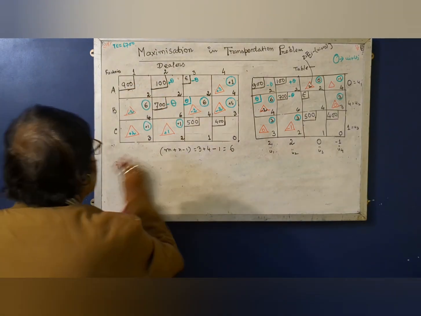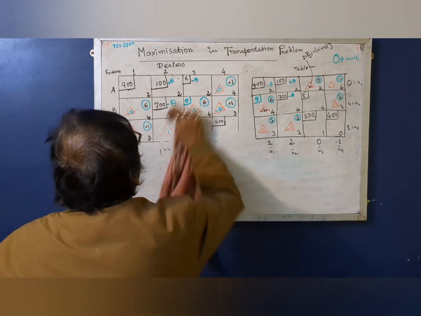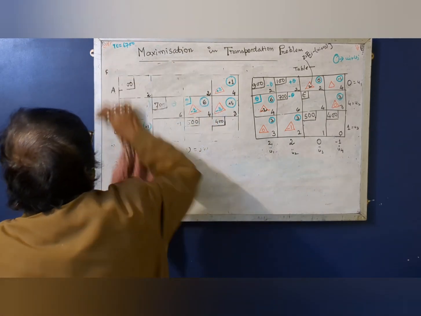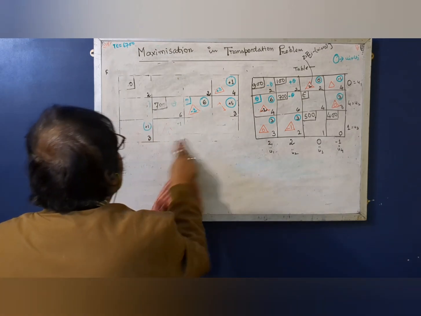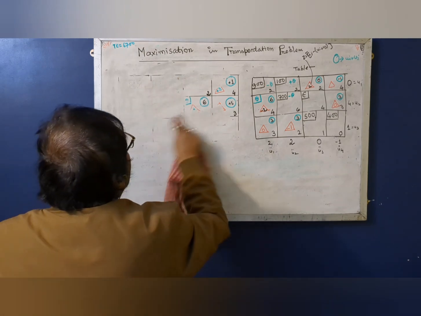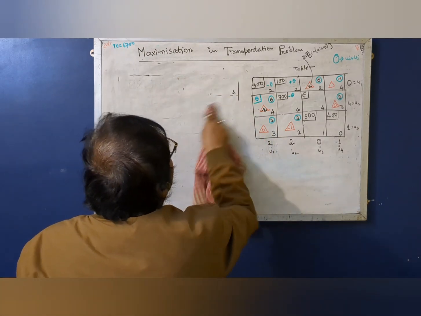Now I am erasing this matrix. This is a big, longer problem, but you are moving methodically, so there is no chance that you will not reach the best or optimal solution.